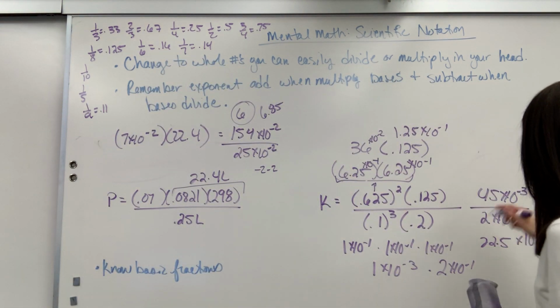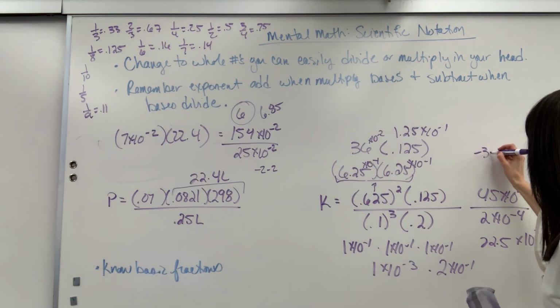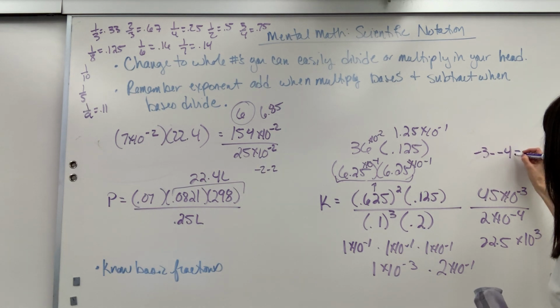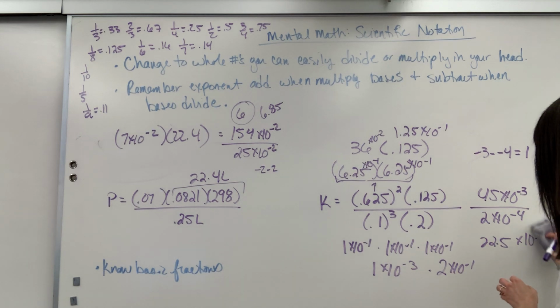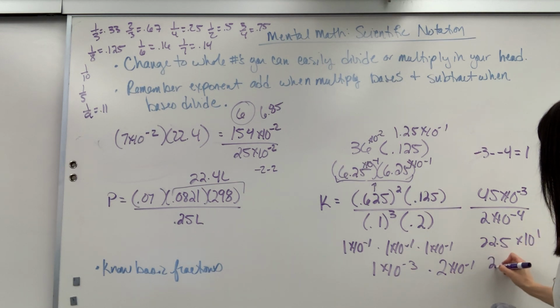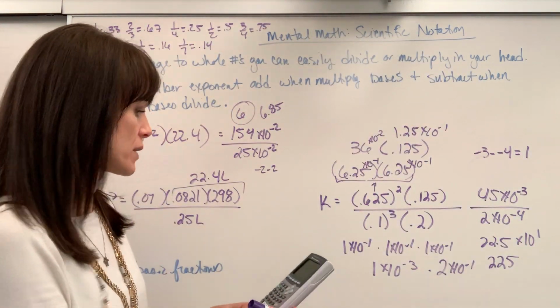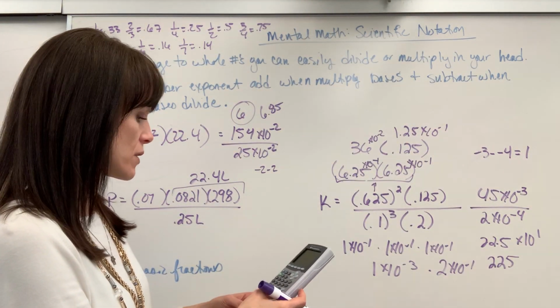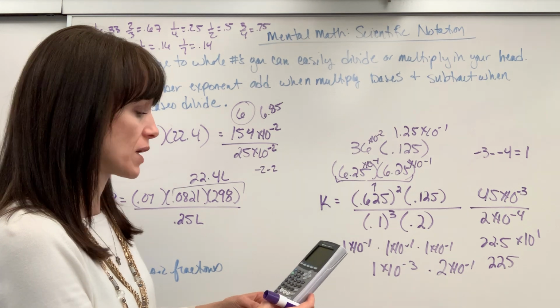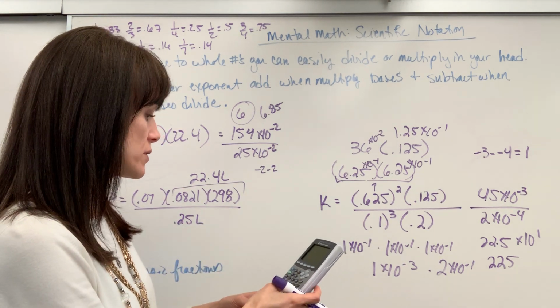So this would be minus 3 minus a minus 4 is going to give us a plus 1. Let me change that, plus 1. So the answer 225. Let's finish it in the calculator really quick. Just make sure there were no other. Sorry, that's why you always have to calculate it before you do it.